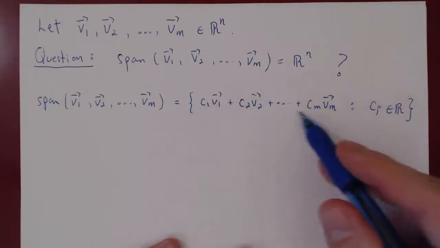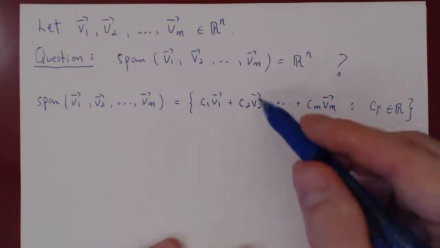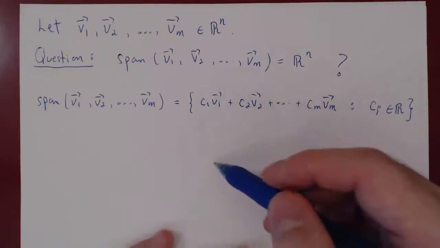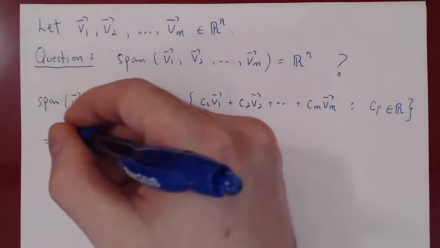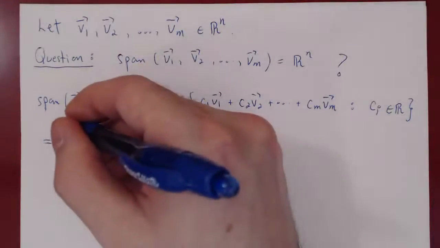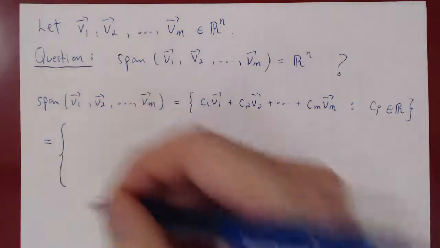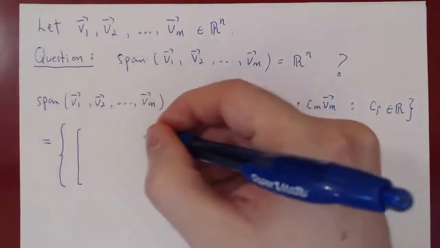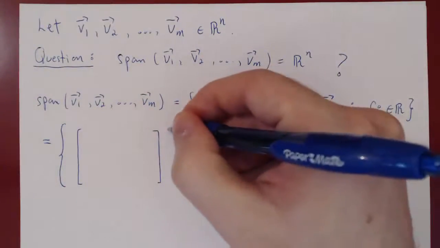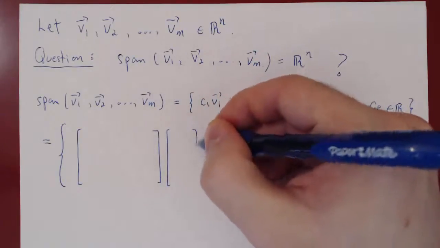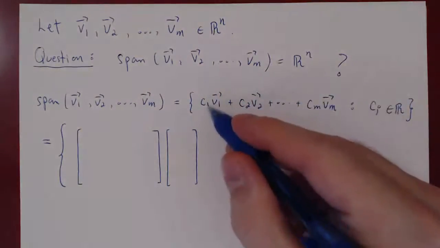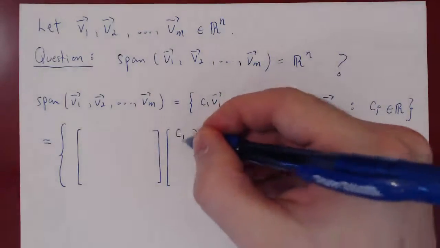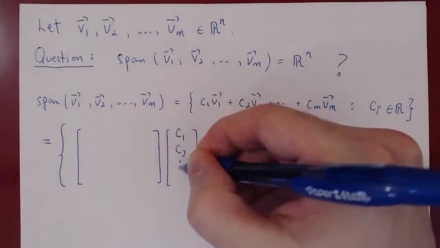And we know how we can rewrite a linear combination of column vectors, of column matrices, right? We know this is the same as the matrix times the vector of coefficients, c1, c2 up to cm.